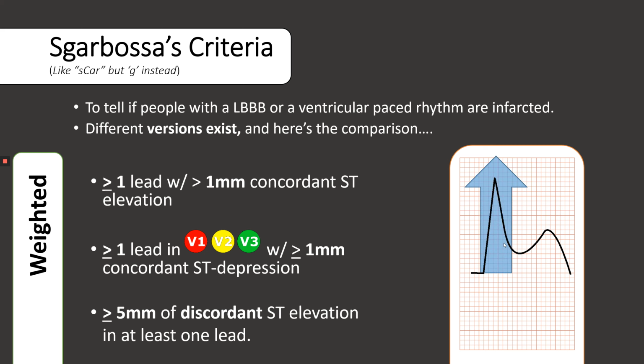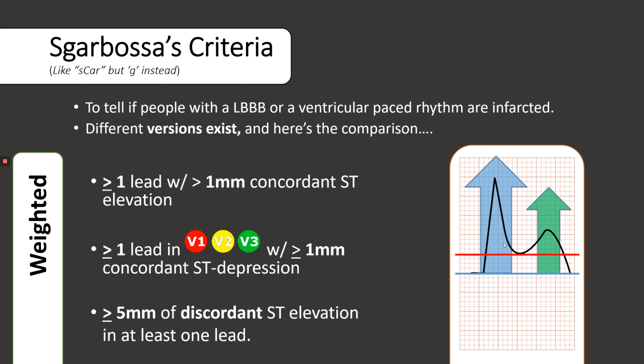We have a QRS that goes up from the isoelectric line, like the bulk of it is above it. We have the T wave that is above the isoelectric line as well. We're drawing our isoelectric line to compare. And because they are going in the same direction, we are concordant.